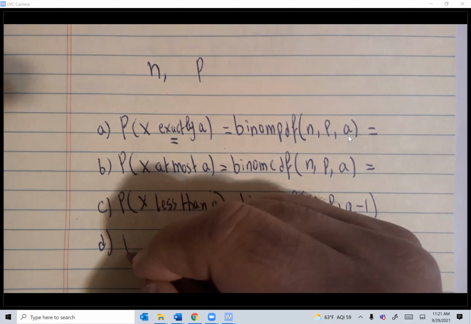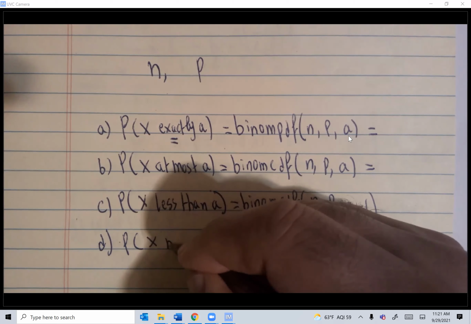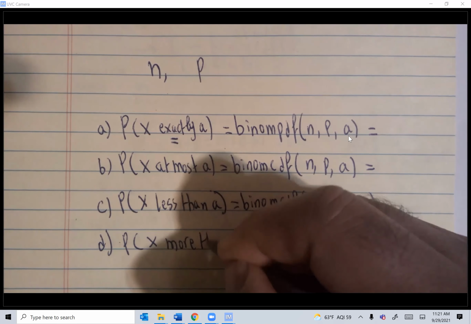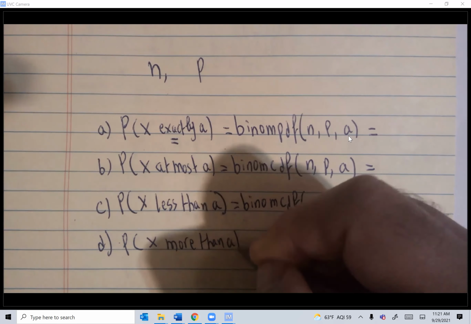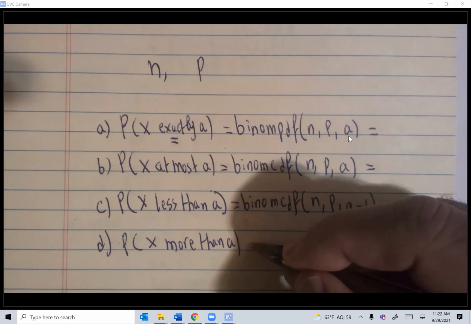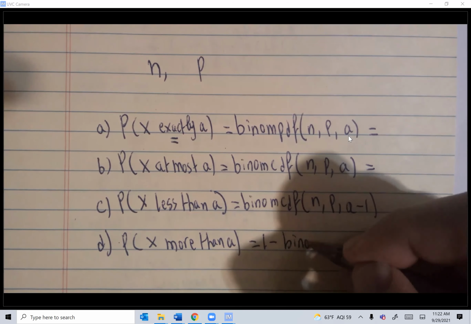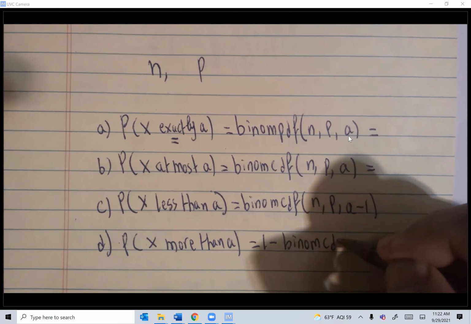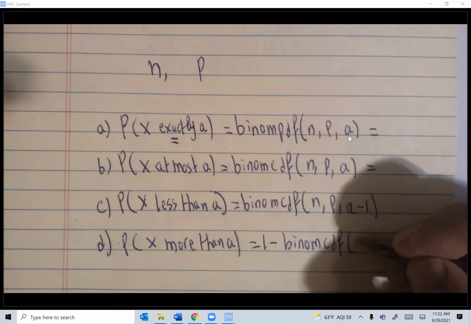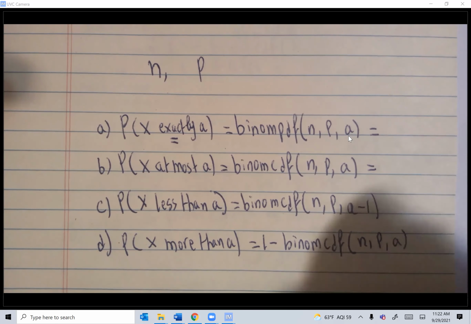What's the probability of x more than a? And a is the number in the question. X more than 7. Here's what we did earlier. You do 1 minus binom CDF n p a.